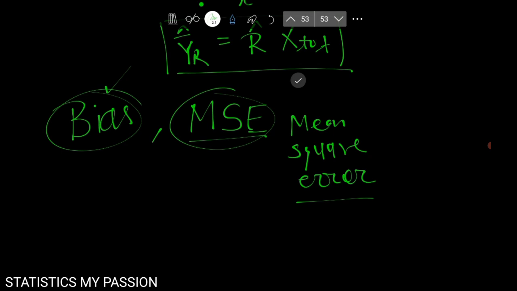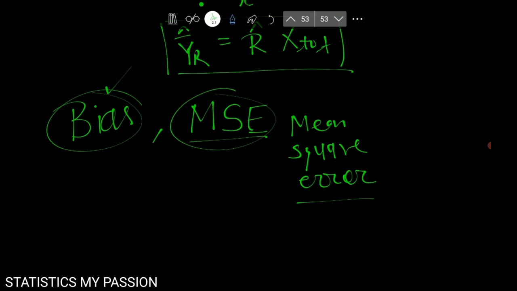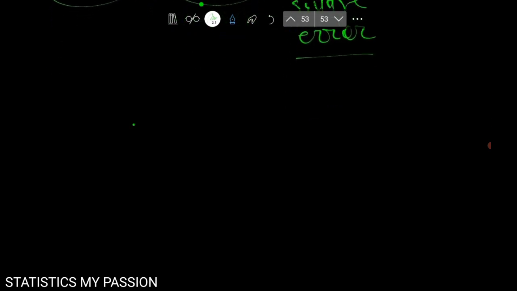In systematic sampling we find the unbiasedness and the variance, but in this case we find the bias and the MSE, because this is not an unbiased estimator of the population mean. So what is the formula of the ratio estimation? First of all we write this formula.